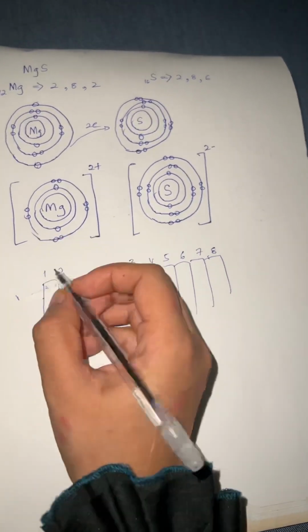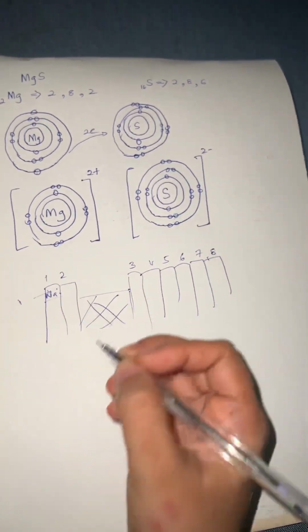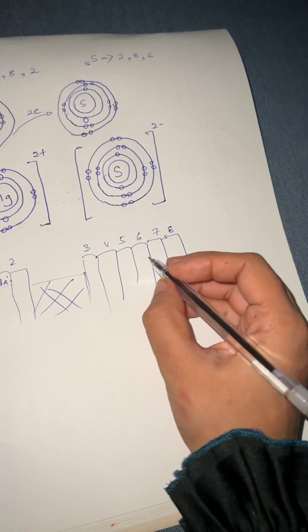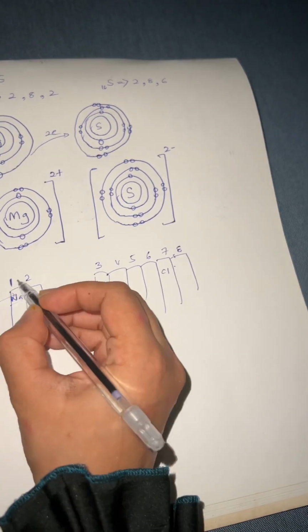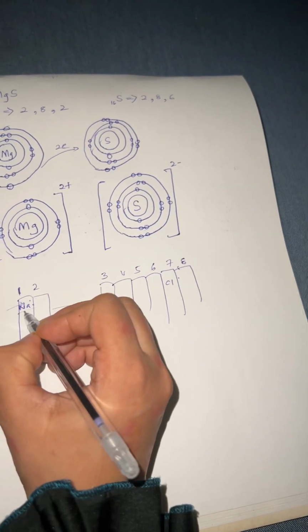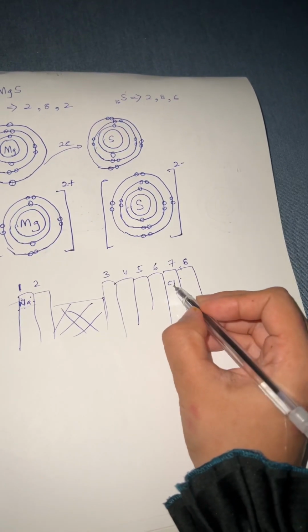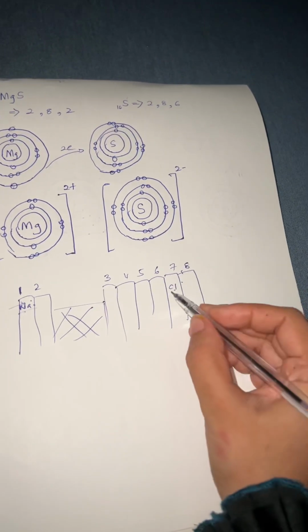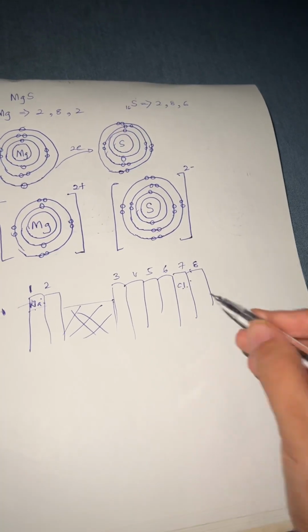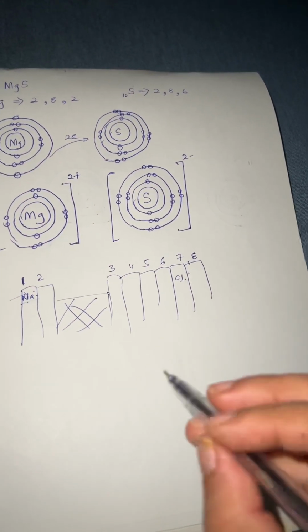For example, sodium belongs to group 1 and chlorine belongs to group 7. So the outermost shell of sodium has only 1 electron, and chlorine's outermost shell has 7 electrons. Sodium will have a valency of 1, you need to memorize that, and chlorine will have a valency of 1 because it needs to gain 1 electron.